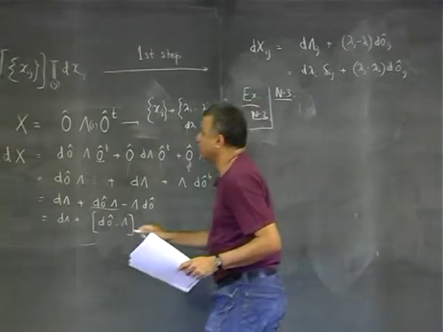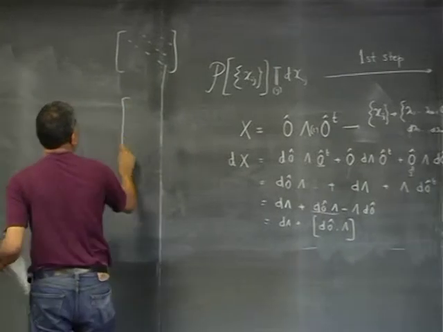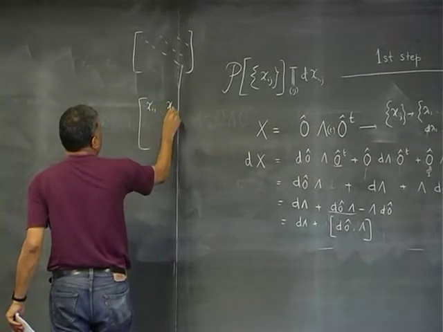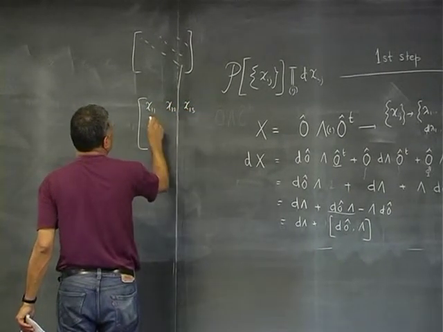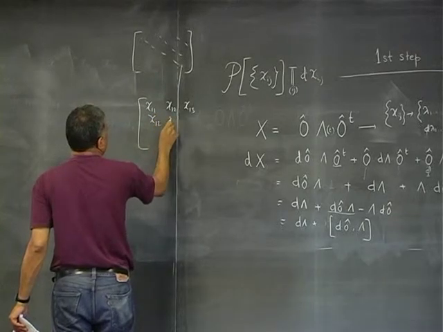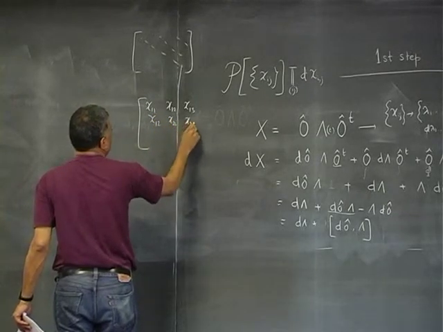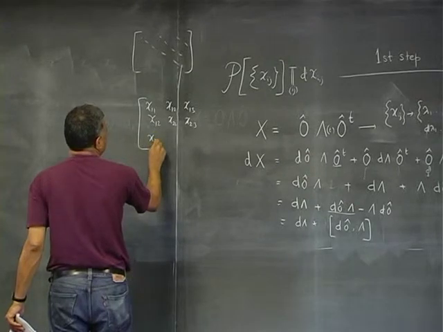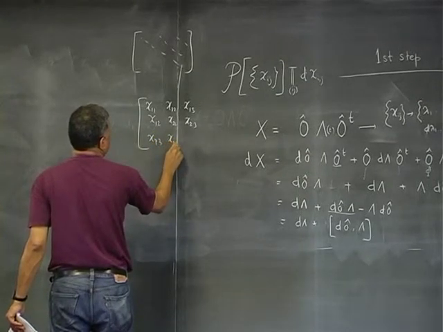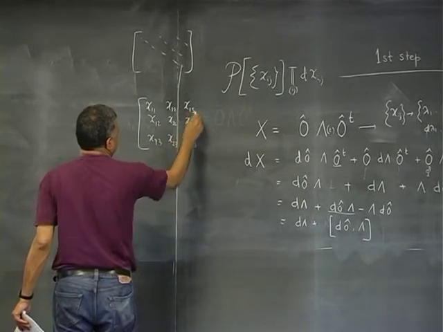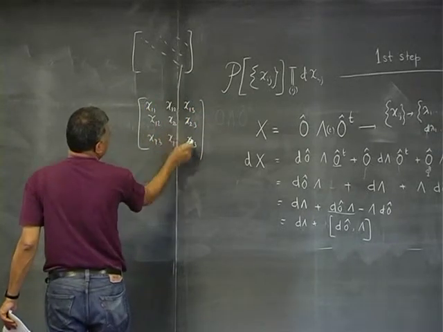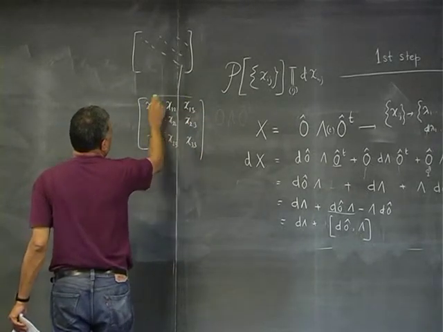So remember, my original matrix for n equal to 3 was x11, x12, x13, x12, x22, x23, x13, x23, x33. So the independent elements were these 6 here.